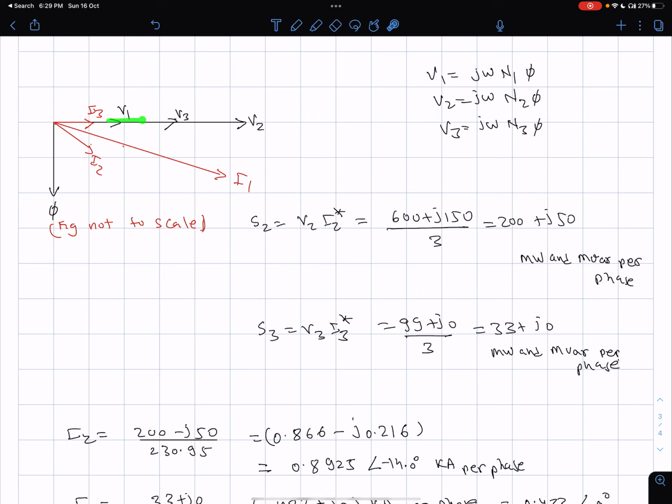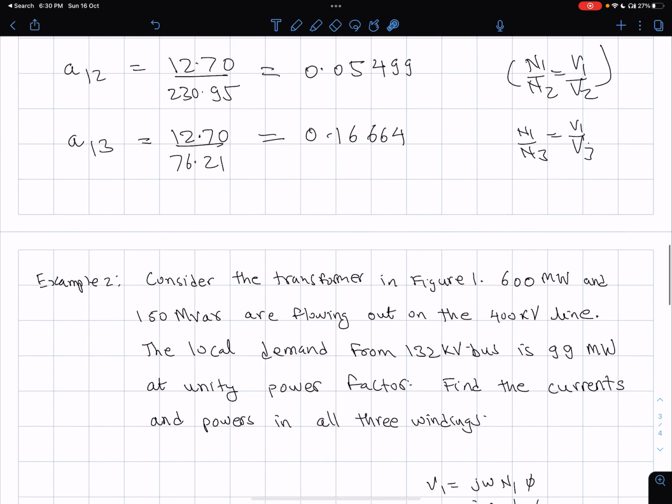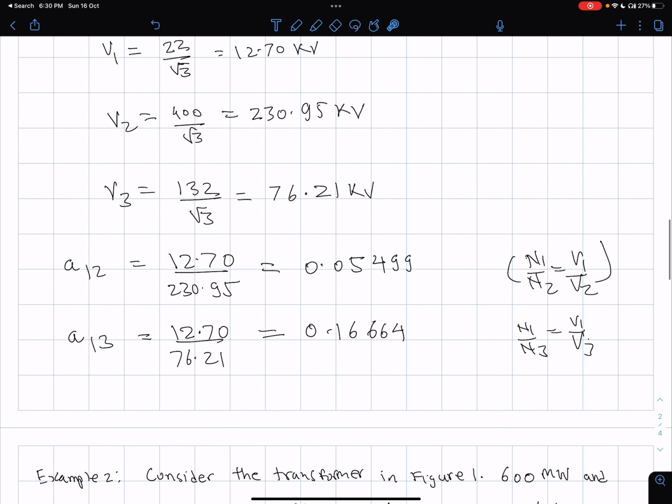Because V1, V2 and V3 are taken to be the reference phasors, I mean one is taken as a reference phasor and the others automatically come on their line, there is no complex number operation involved except on this side. So to calculate I2, we take the complex conjugate of this, which makes it 200 minus J50 divided by the value of V2, which is anyway at the angle 0.